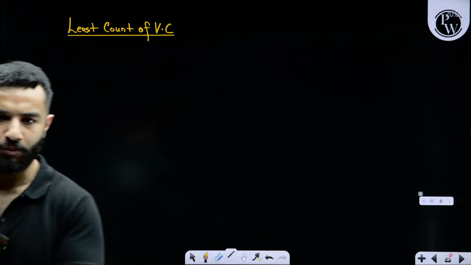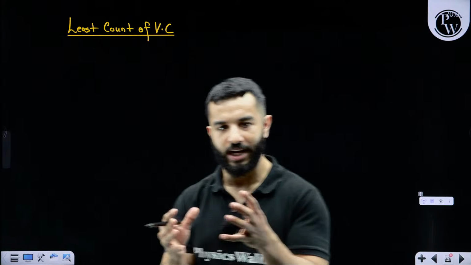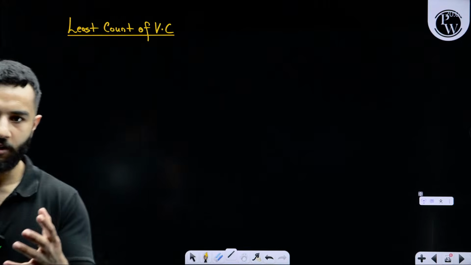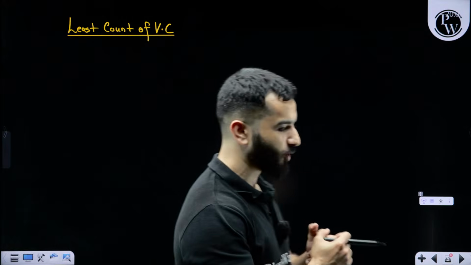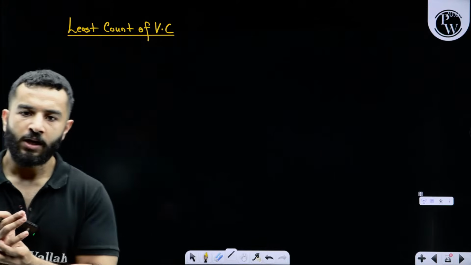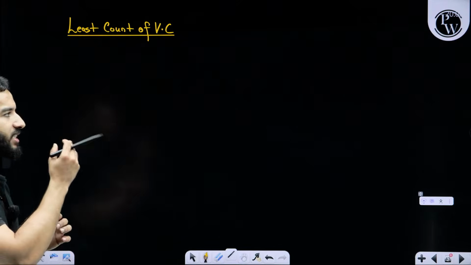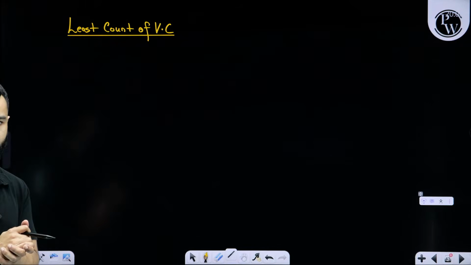It will take that much time, in which we can have either a simulation diagram, or a working model where we can have a working vernier caliper in front of us. We can understand through that as well. But right now, let's first discuss some of the numericals linked with this particular topic.